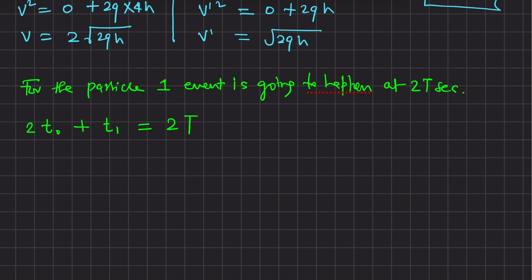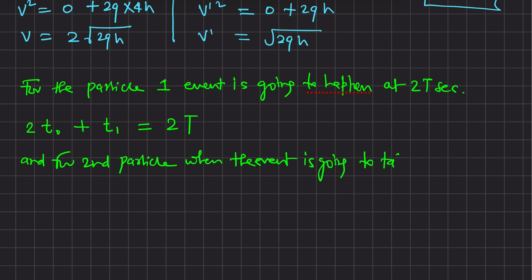And for the second particle, when the event is going to take place, it is taking t naught plus t2 is equal to tau, when it is going to happen.